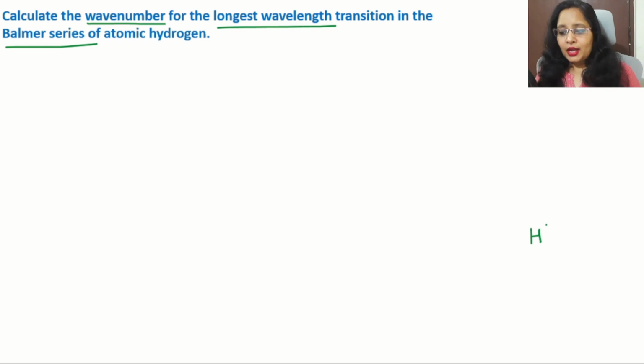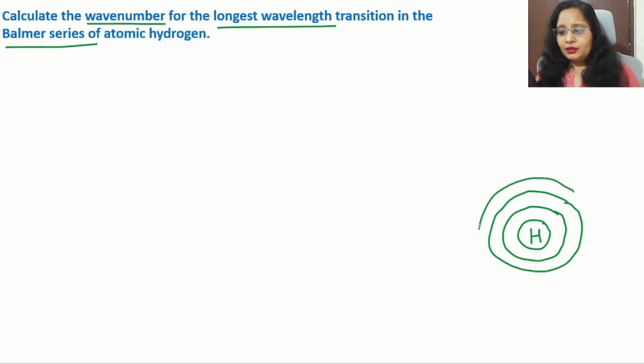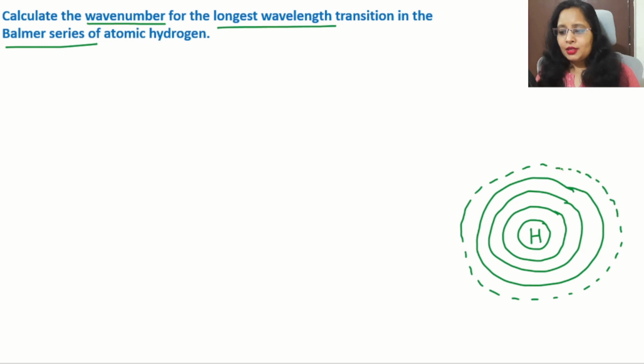When there is a hydrogen atom and these are the energy levels 1, 2, 3 and so on, and the electron is in an excited state, from infinity or from any energy level, when it drops to energy level number 2, when n final is 2, the lines which are created are called the Balmer series.